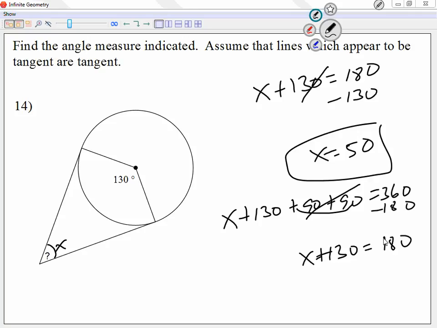Yes. If you look at the four angles add up to 360, you can do it that way. But since you know that the side angles already is 180, the rest, top and bottom, is 180. So then x plus 130 equals 180, you get the same thing. But then do it however you feel comfortable. Okay. All right. Any other questions?